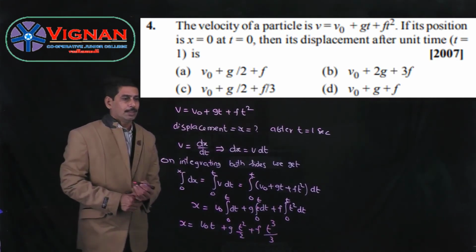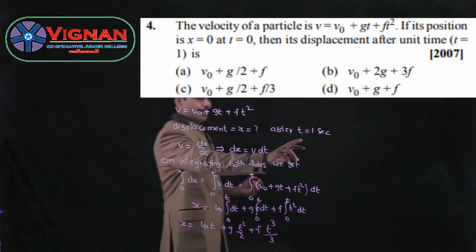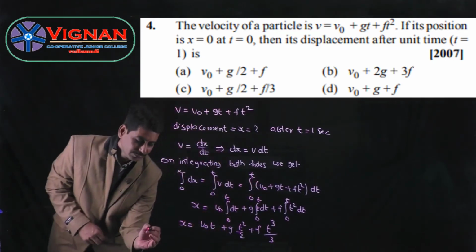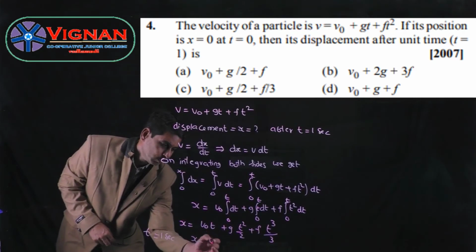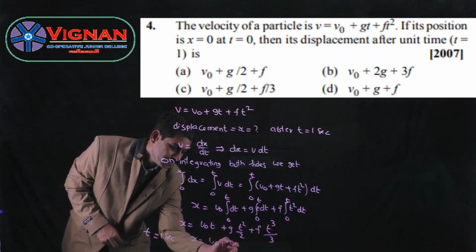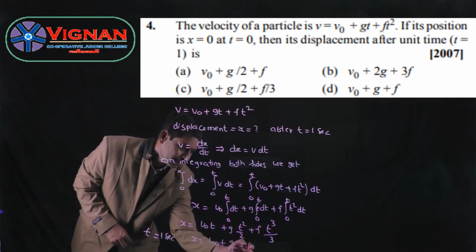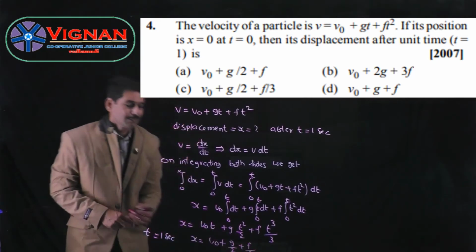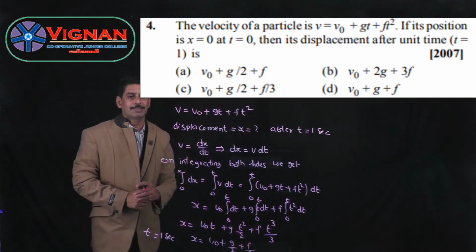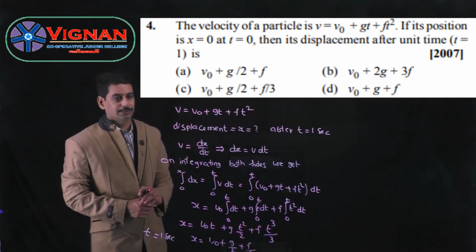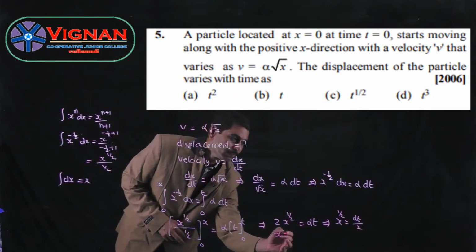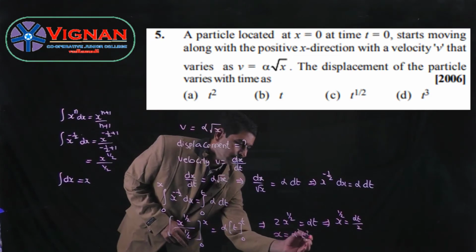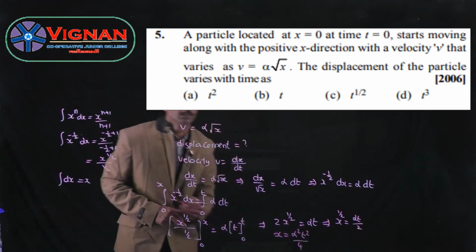We have to find the displacement after time t is equal to 1 second. So x power 1 by 2 is equal to alpha t by 2. On squaring both sides, you get x is equal to alpha square t square by 4.